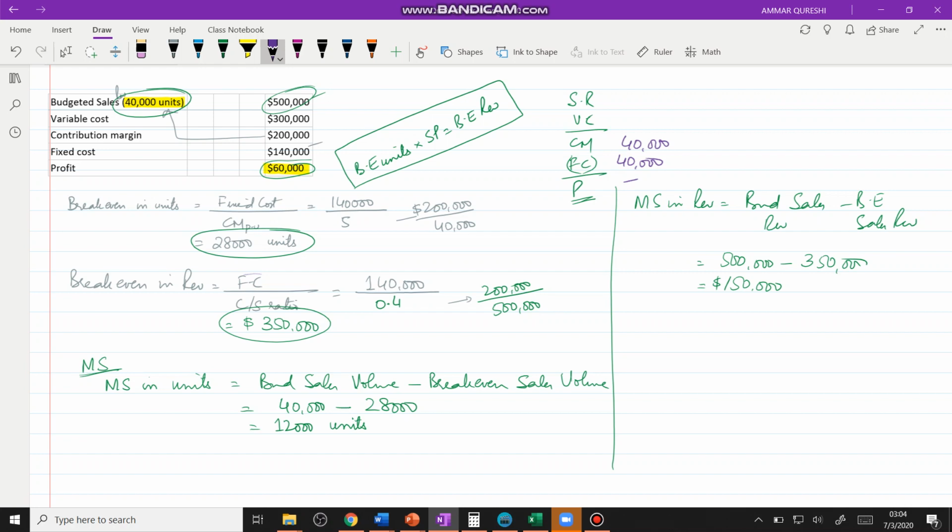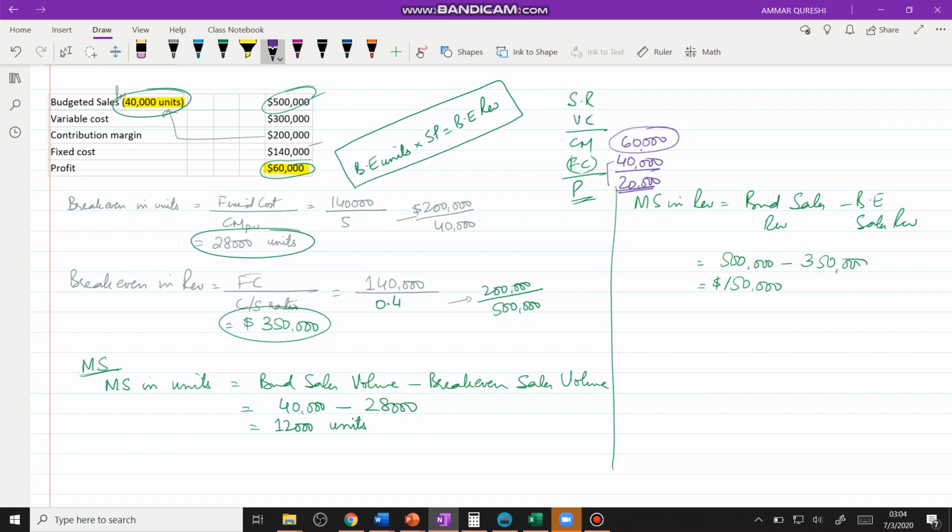But suppose I don't want to break even, I want to have a profit of 20,000. Now, if I want a profit of 20,000, how much contribution should I generate? Simple, contribution should be 60,000, right? So what is the targeted contribution?